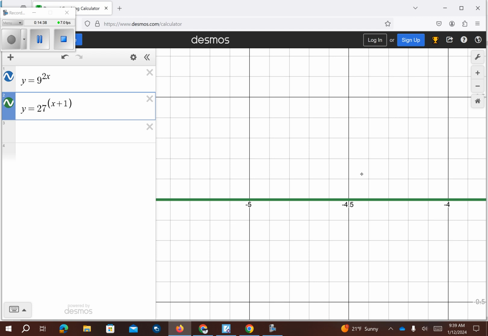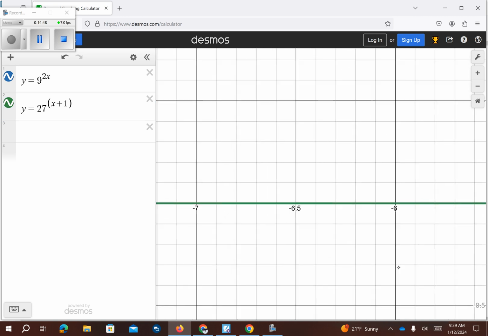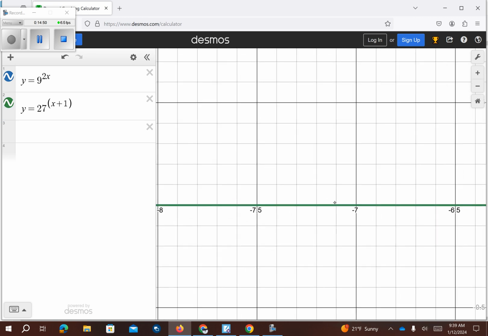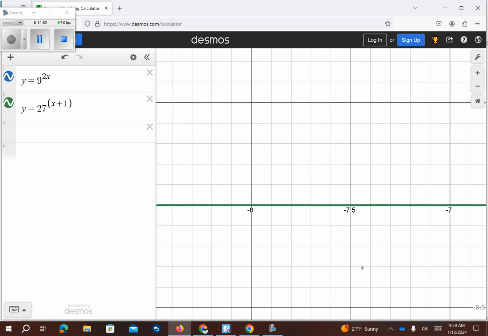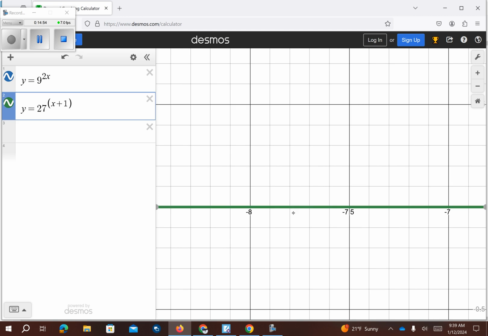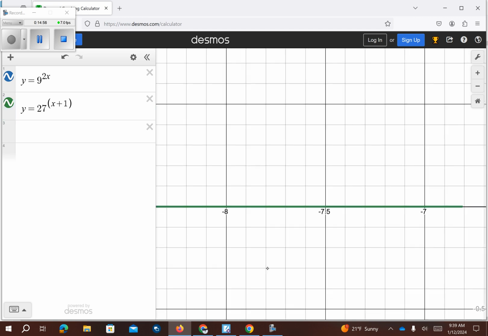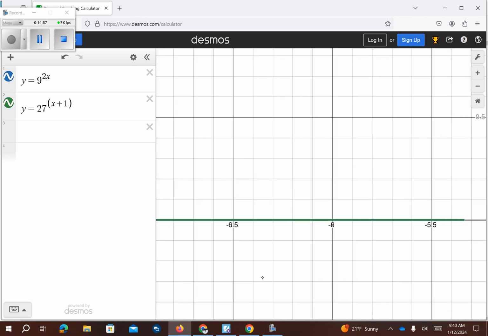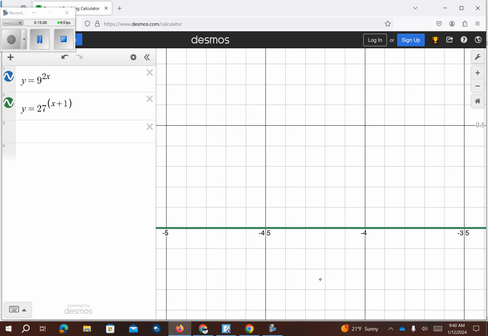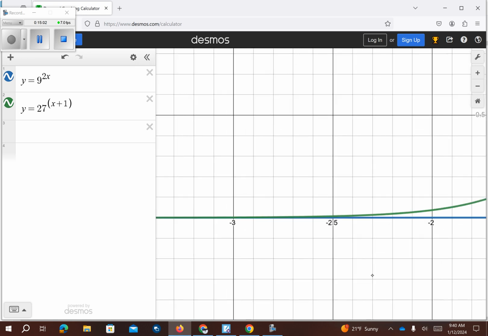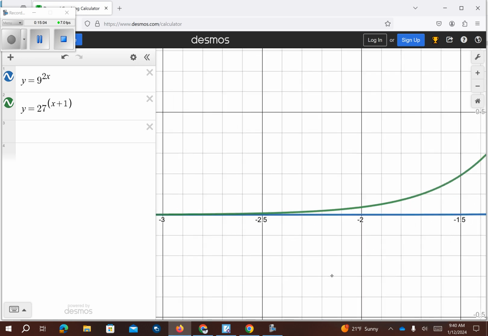Notice how if I push on it, it's showing up, but it's not there. So that either means way back here there might be a dot someplace. Oh, is it here? No. So I'm not seeing a dot. Okay, so these are eventually crossing at some location.